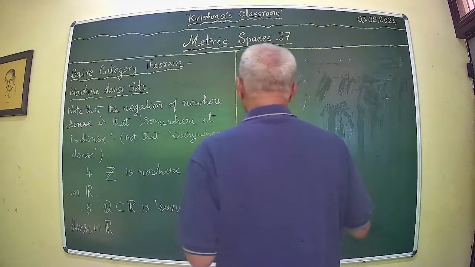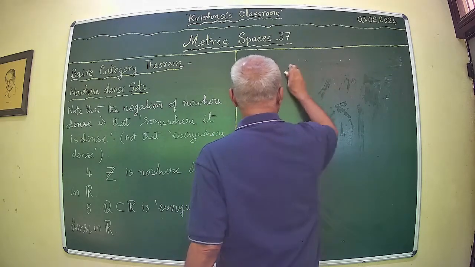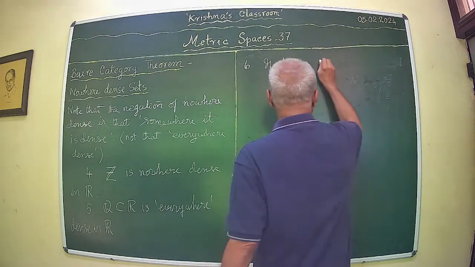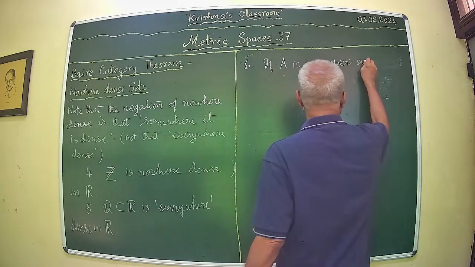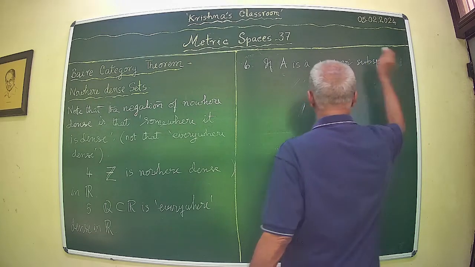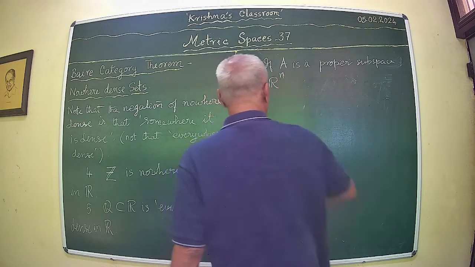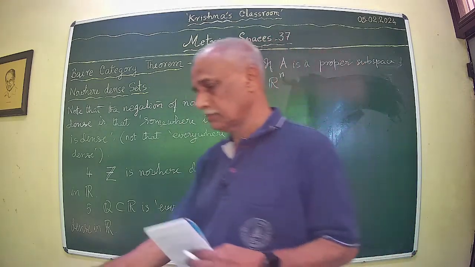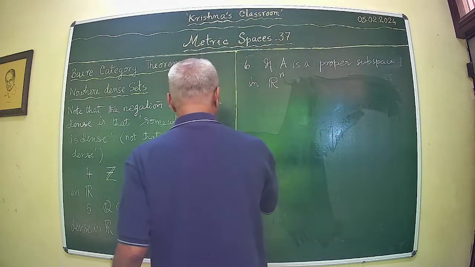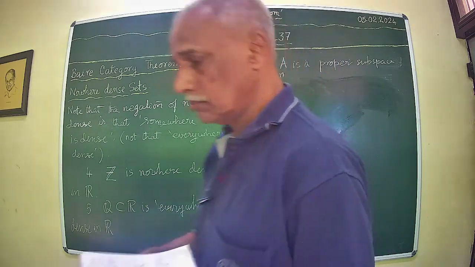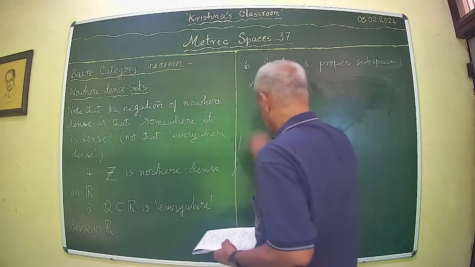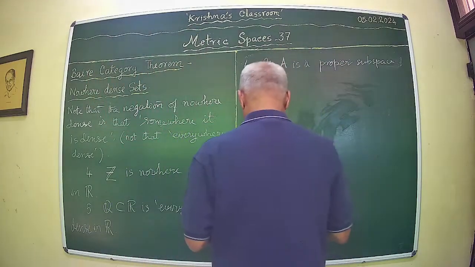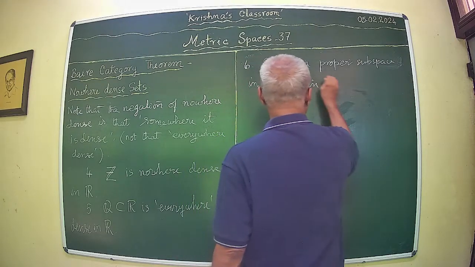So the next example is, if A is a proper subspace, not just a subspace, it's a proper subspace of Rn, then it is nowhere dense.